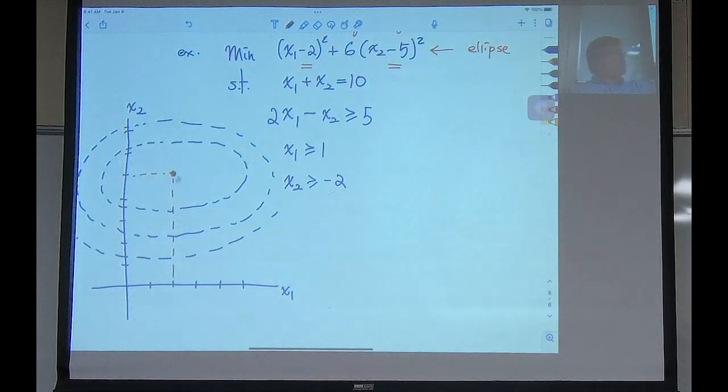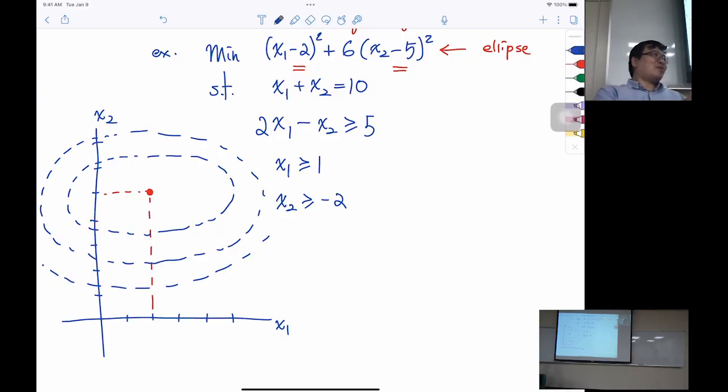When you go away from the minimum point, the function value increases. So if there is no constraint, 2 and 5 is the optimal solution. If this is an unconstrained optimization problem, the optimal solution is 2 and 5. How about if I apply constraints?